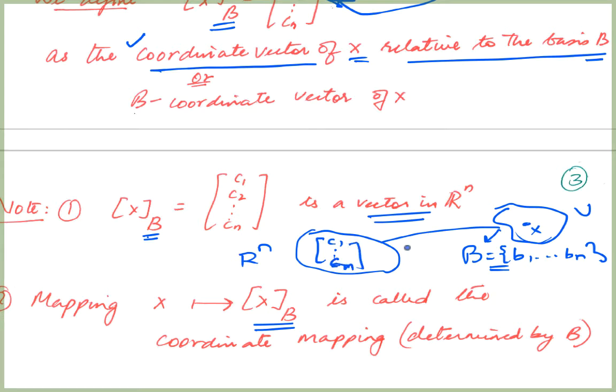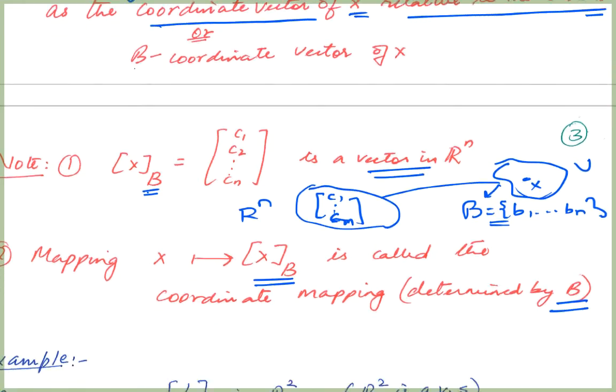Okay, so this is called a mapping, which we will go into in detail later on. So this mapping is called the coordinate mapping, which is determined by the basis set of the vector space V. I'm just introducing it to you, and I will come back later and go deeper into this coordinate mapping scenario. So now what we're going to do is a lot of examples to get us familiar with all these coordinate vectors relative to a basis set. Okay, let's start with examples now.